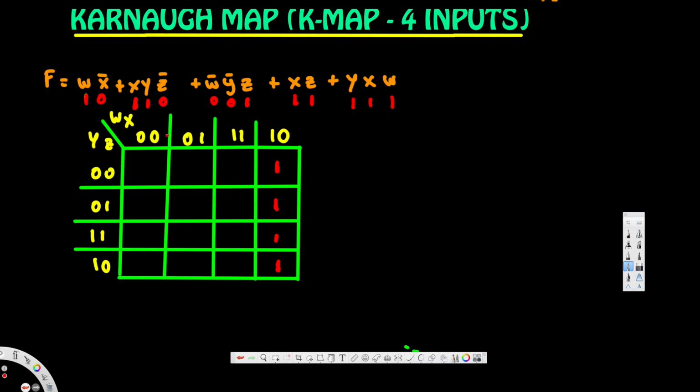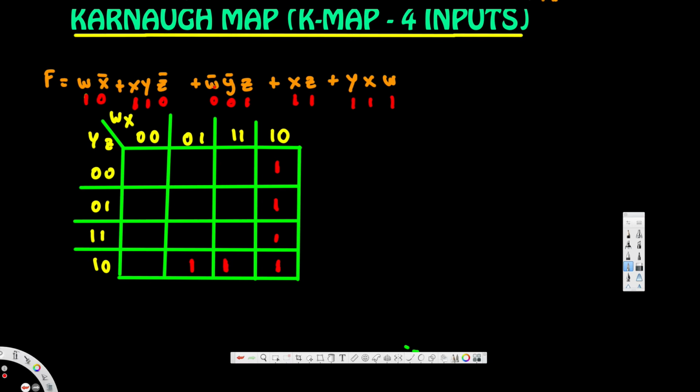X is 1 where? This 1, 2. The second term of the top one is the x. So this one is 1, this one is 1, and also y has to be 1. And to get y 1, we have to have these two, and z has to be 0. So only these two terms.